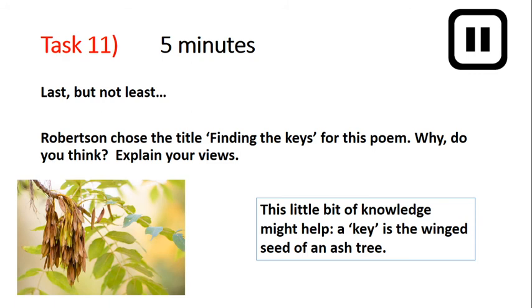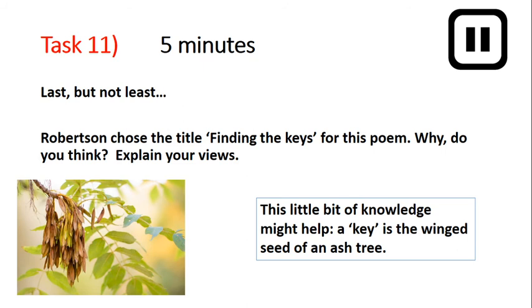Right. Last thing, the actual title of the poem is "Finding the Keys". So that's the title that the poet has chosen for this poem. Can you please have a think about what you think this means? Why has Robertson chosen this particular title? Can you try and explain your views?